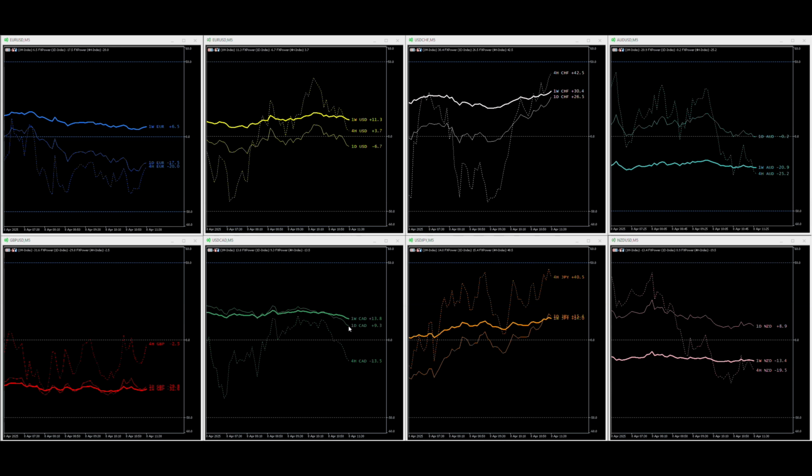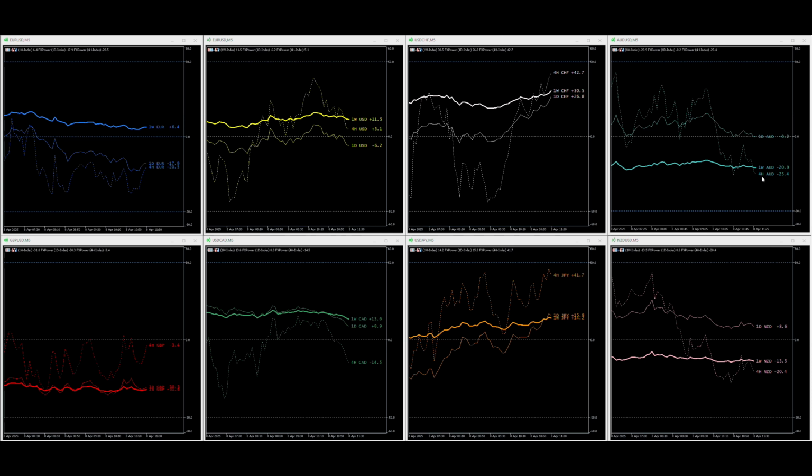Canadian dollar is heading towards neutral with some short dynamic. The Swiss franc is currently rising. The Japanese yen is also rising. We've seen that in the last chart where we saw the correlated currency trend move. And we'll see how this will turn out during the next hours.